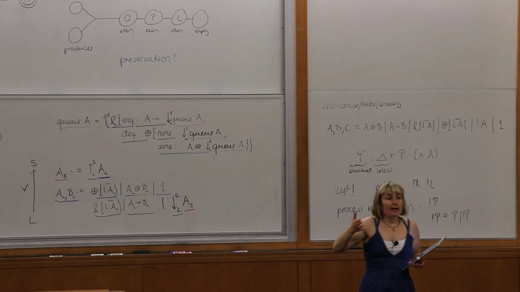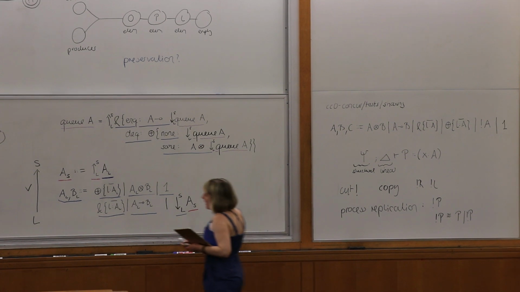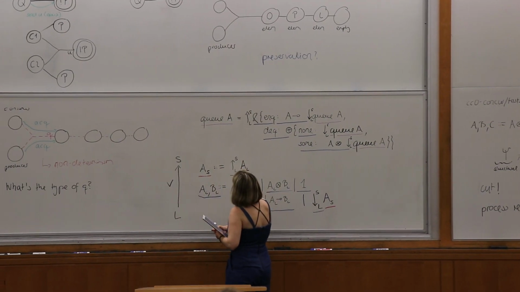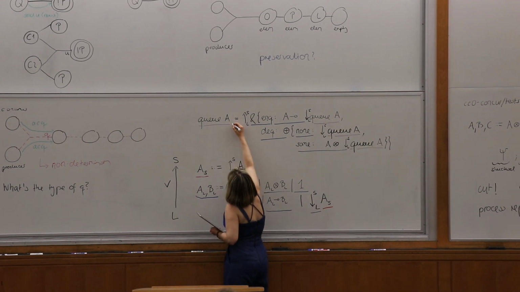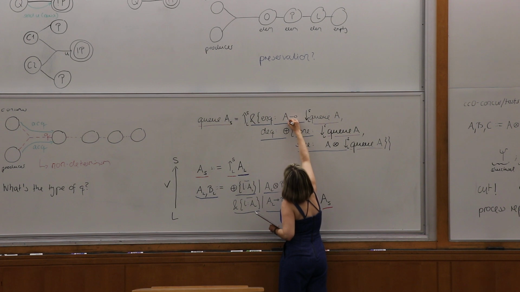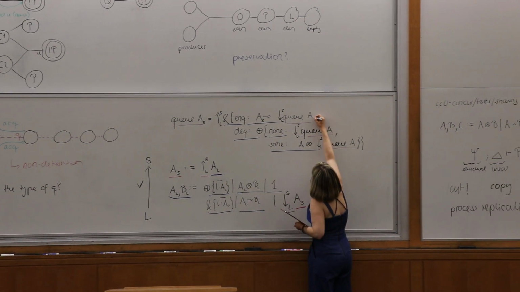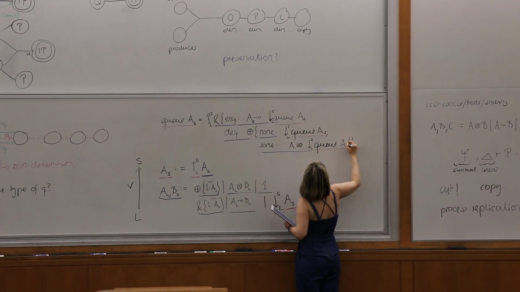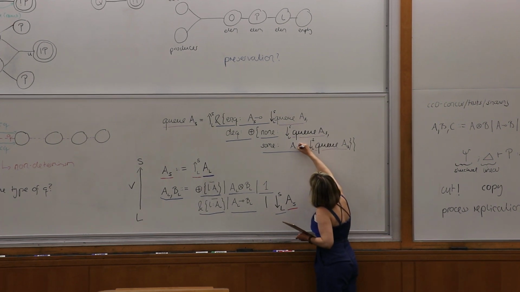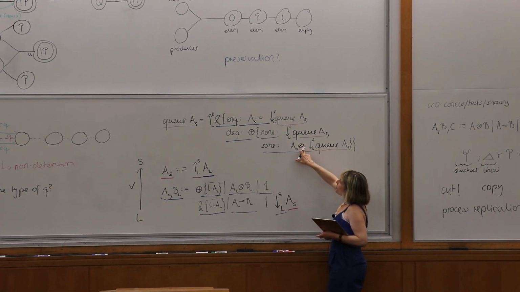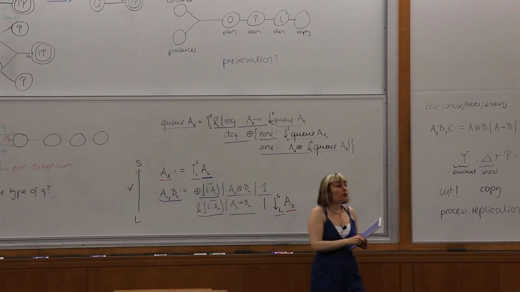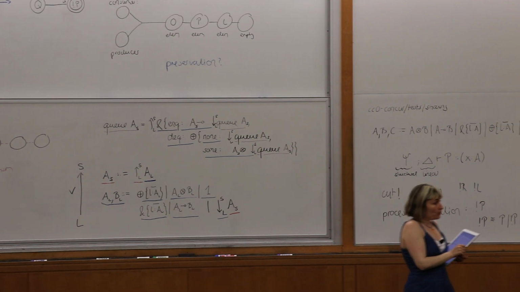But just when we define the queue, inside the queue we can only store, so the A's actually have to be of type A sub S. Which means that we can no longer use tensor and lolli here because they are for linear channel input and output.